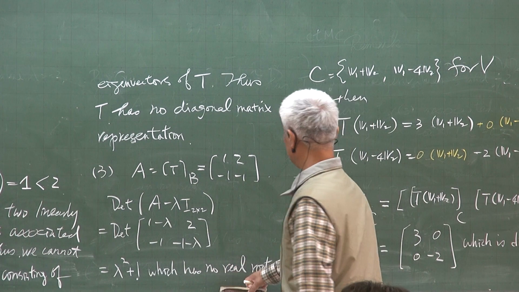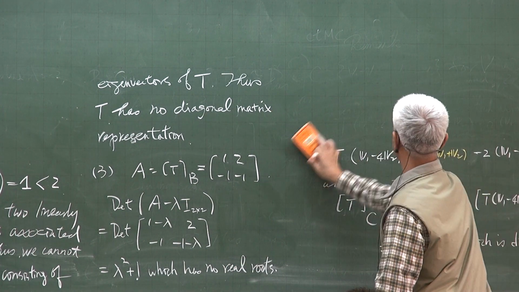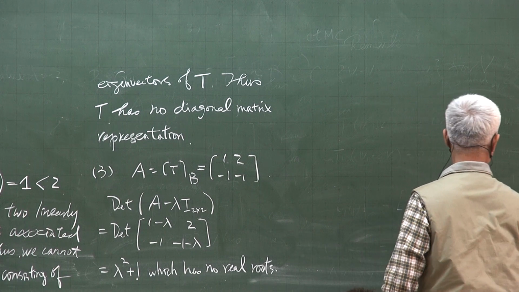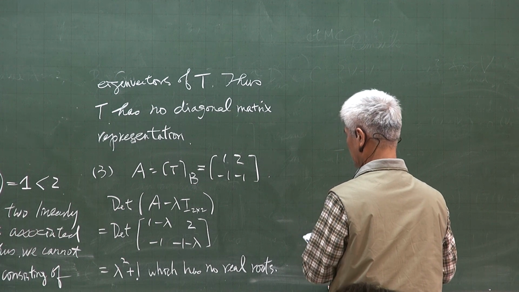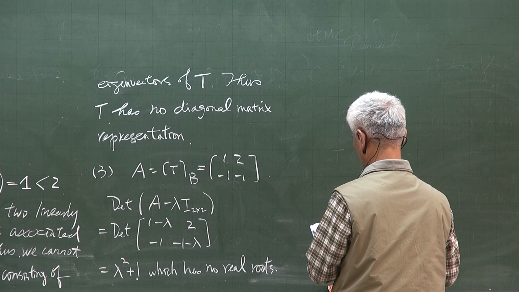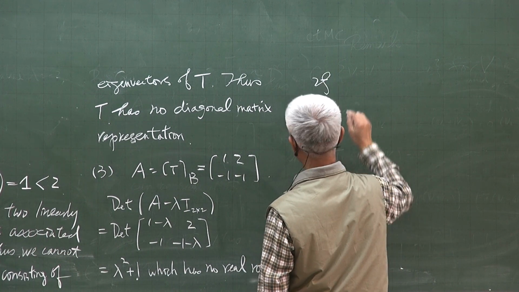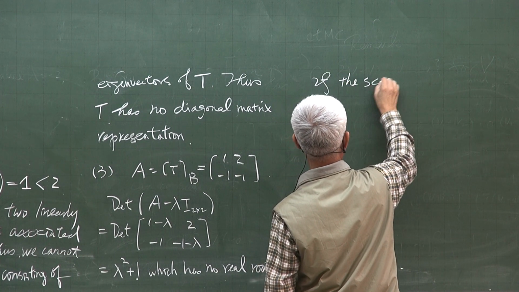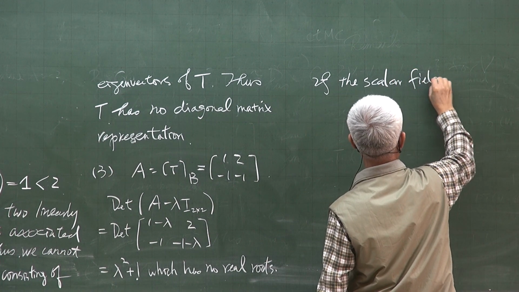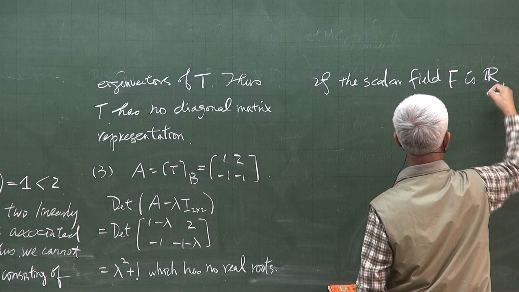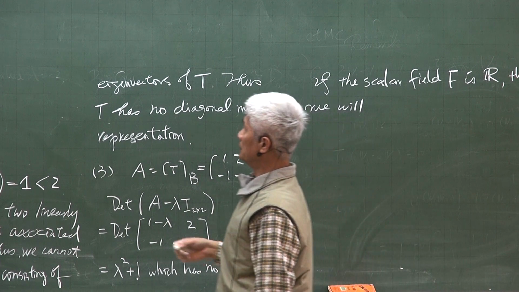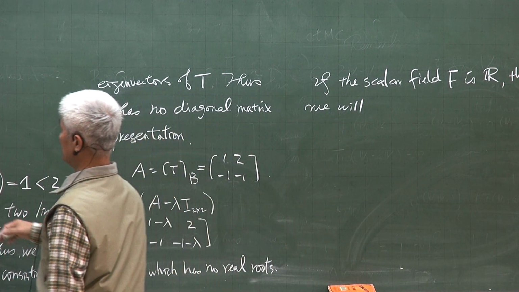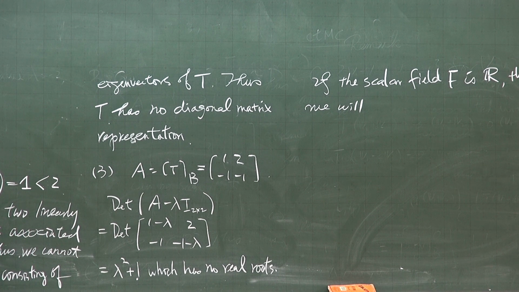So if our scalar field is real numbers, then, because the matrix here, the representation, has real entries, so this is a real matrix.